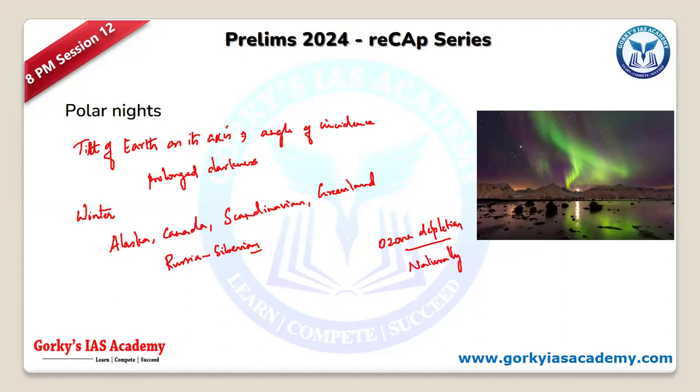Natural ozone depletion is not a big deal because there is a natural method of depletion and a natural method of accumulation, so that will be normalized. Whereas when you have anthropogenic factors apart from natural, that disturbs this particular cycle. When you disturb this cycle, more depletion happens. That's a problem. Otherwise, not a big issue.